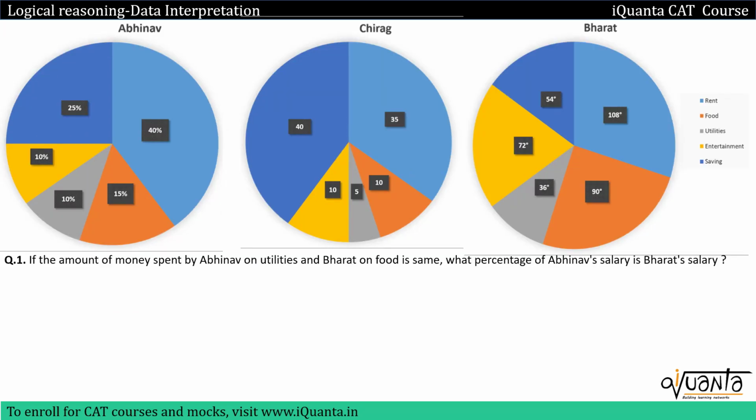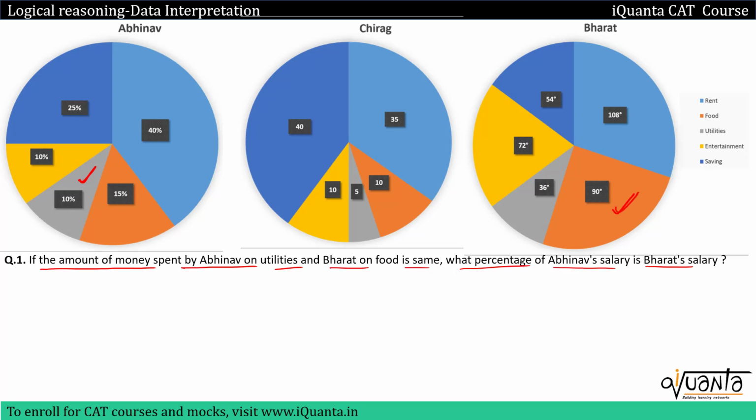So in the first question we were given that the amount of money spent by Abhinav on utilities and Bharat on food is same. What percentage of Abhinav's salary is Bharat's salary? So Abhinav on utilities, that means this grey region from the first pie chart, and Bharat on food. Food is the orange one, so this part from the third pie chart. These are same.